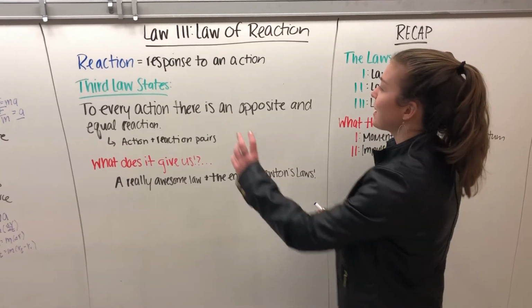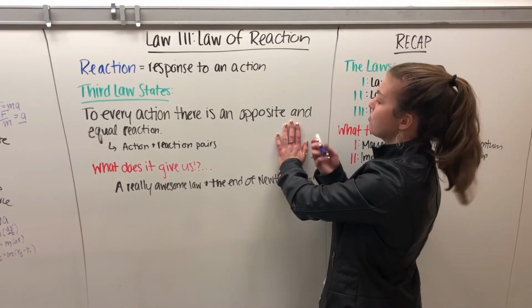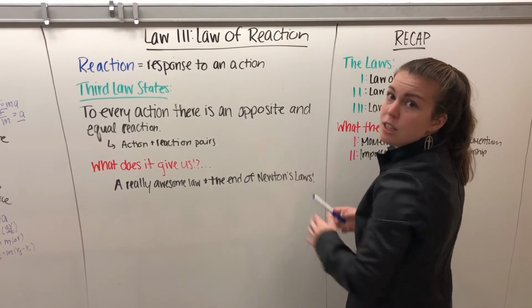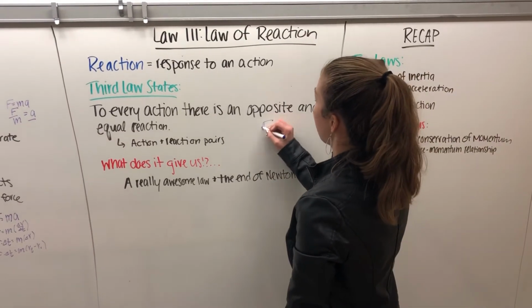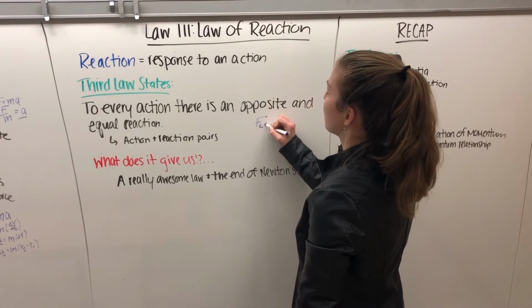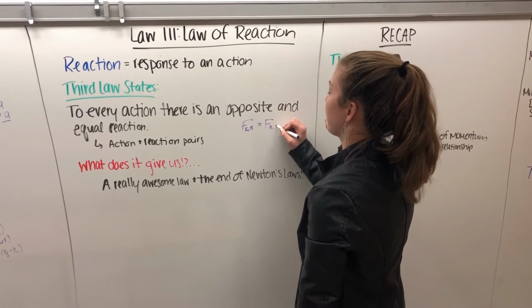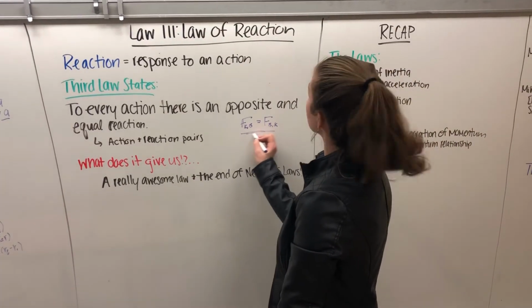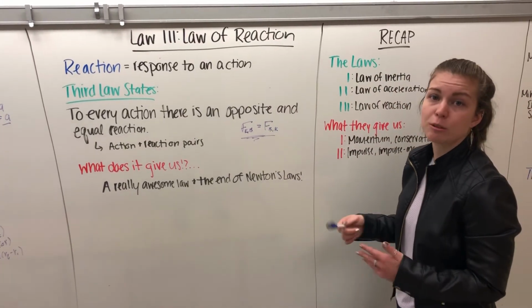So essentially, that's saying that the force I'm applying to this wall right now, or this whiteboard, is the same force that it's applying back to me. So whatever force I apply, it's applying back to me. So you could say that F of Kimmie on the board is equal to the force of the board on Kimmie. And that's how we can write these. It's pretty simple, straightforward, but just that every action has an equal and opposite reaction.